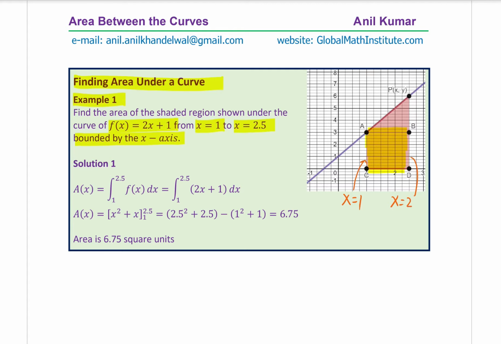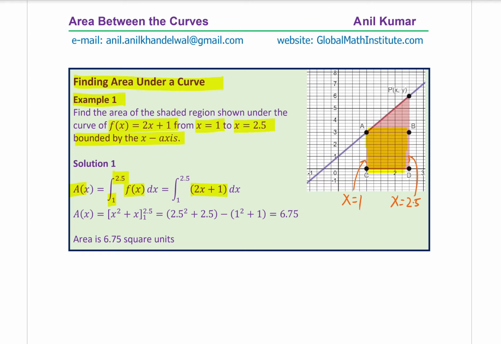Now as we learned, straight away we can find the definite integral between these two limits from 1 to 2.5 to get the area under the curve. So the function here is 2x plus 1.